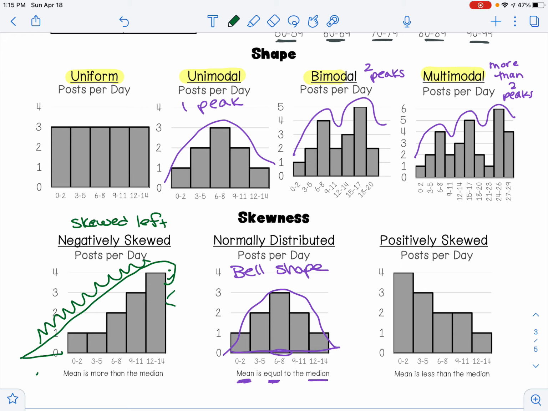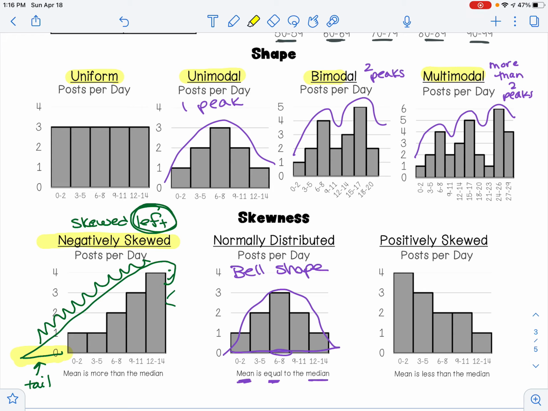The dinosaur's tail is on the left. Because the tail is on the left, that means it is skewed left. The reason why we say this is negatively skewed is because the tail is where the negative numbers would be. So here the mean is being pulled towards the tail, making the mean less than the median.